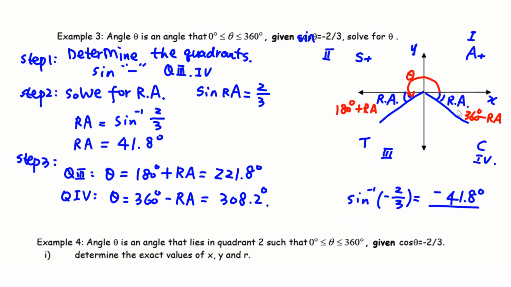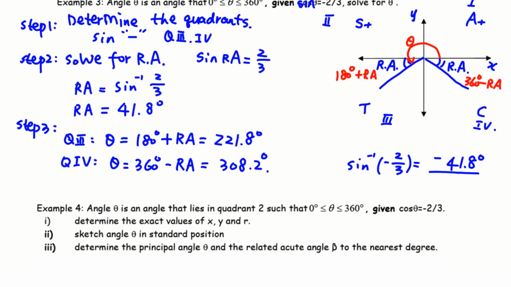Then from RA, from the quadrant, you can find two angles. So try not to use an inverse of a negative angle, because it may give you all different answers, not your solutions. So that is for solving a trig equation.